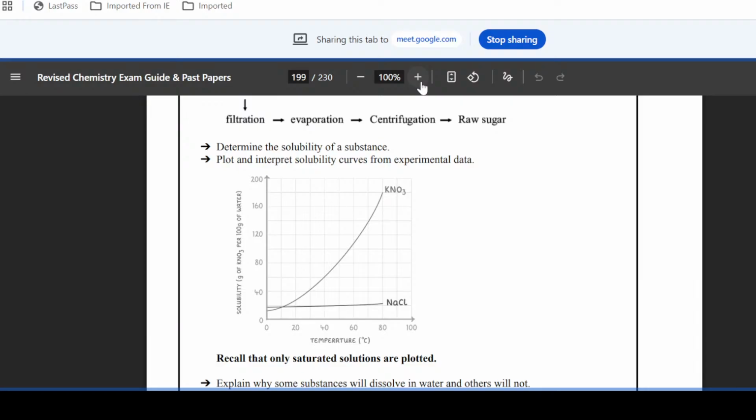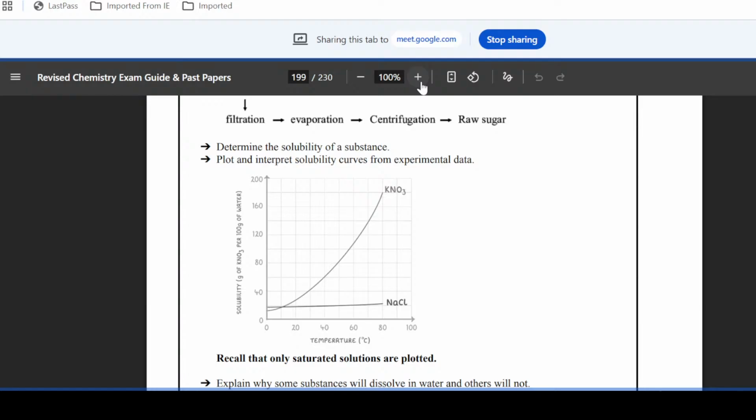No, can't say directly proportional. So KNO3, we're looking at it now. So don't use the term directly proportional if it's not a straight line.